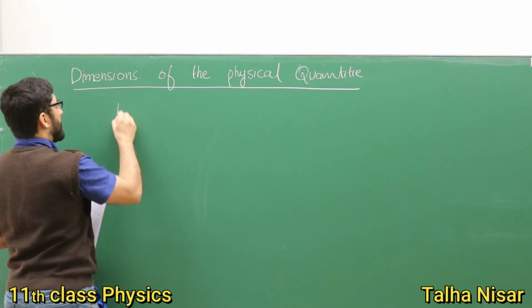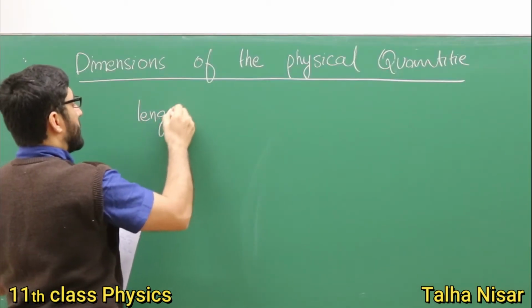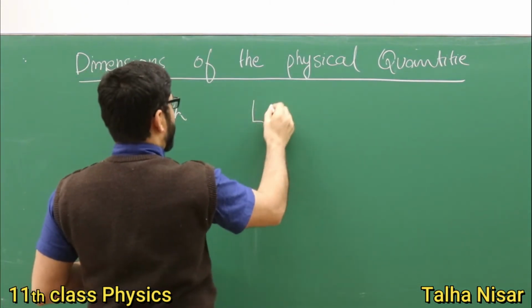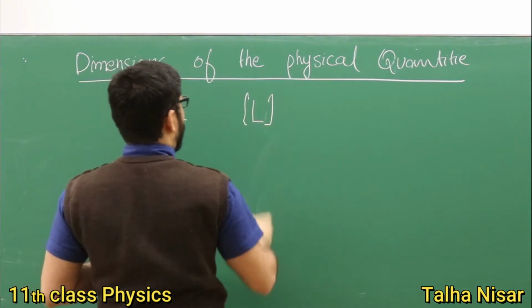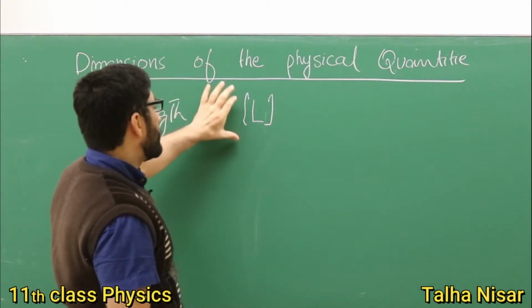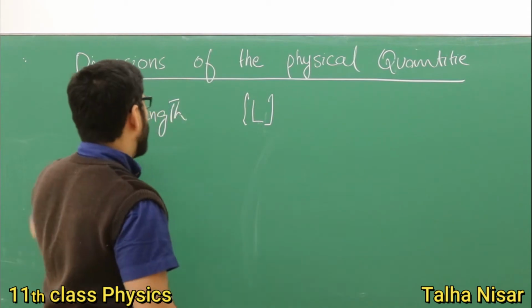For example, we had the base quantity, which was the length. For the length, we had its symbol is L. So we take the symbol and we just put it in a bracket. So this is the dimension of the length.